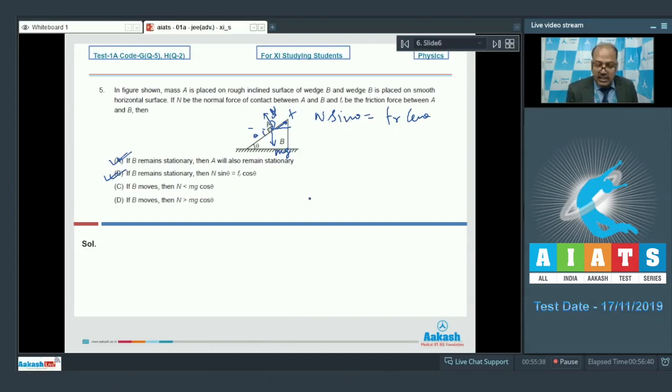Normal reaction is mg cos theta when B was not moving at all. Now since B is moving, the normal reaction will definitely be less than mg cos theta. That means option C is also correct. Let's go to the next question now.